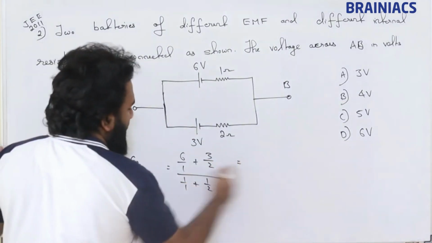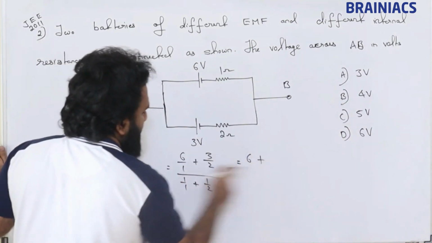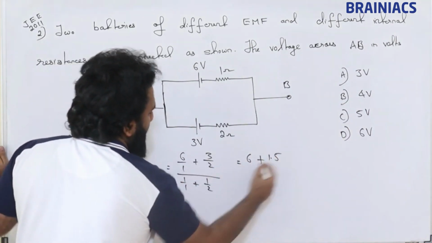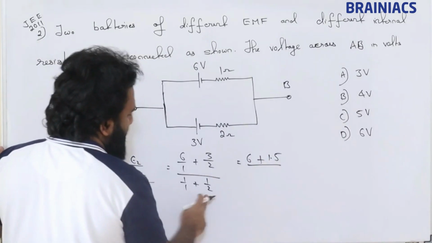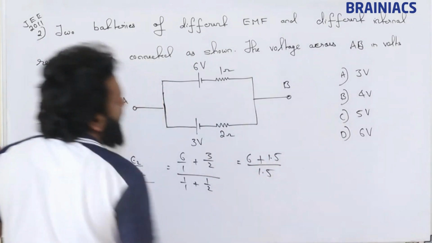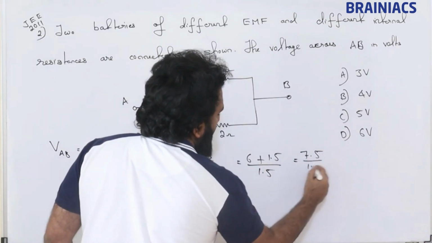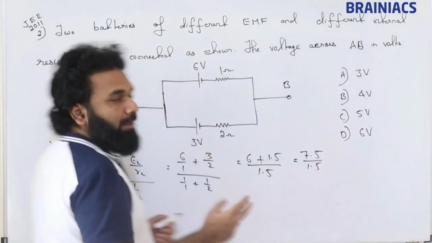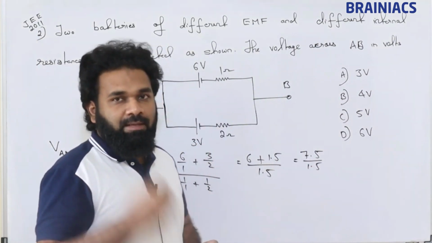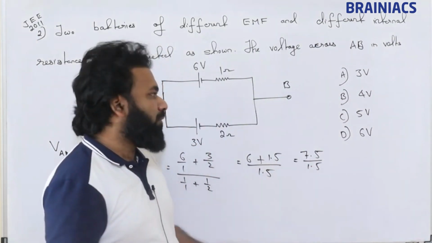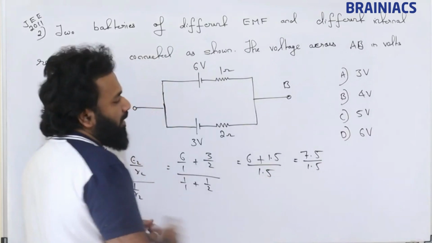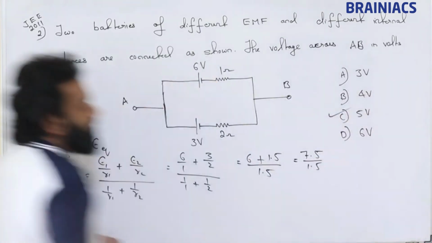This is 6 plus 1.5 divided by 1 plus 0.5, which is 1.5. So 7.5 divided by 1.5. In 3 there are 2 1.5s, in 6 there are 4, so in 7.5 we will have 5. So the answer is 5.